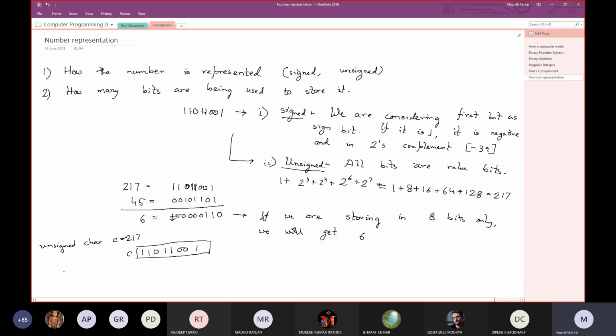But as soon as I converted it into the signed version, it took 1101 1001 as a signed value and showed minus 39.